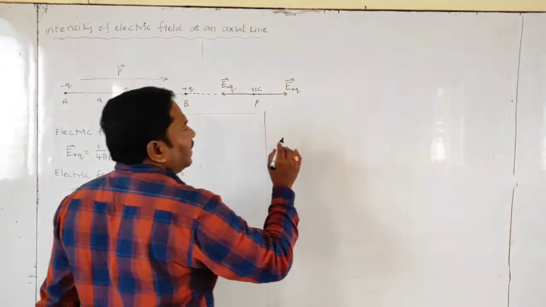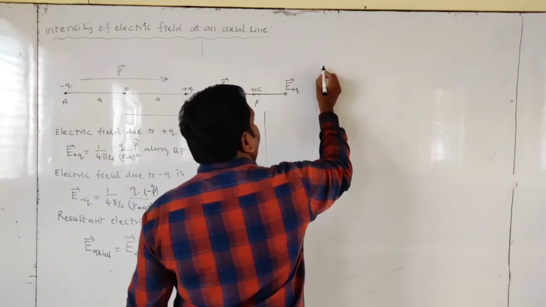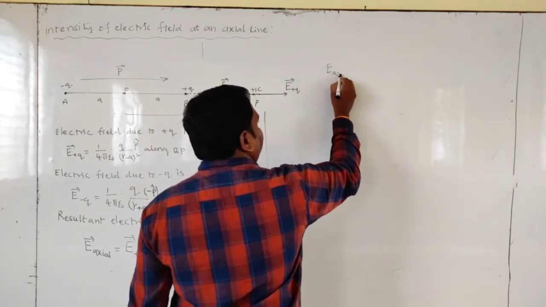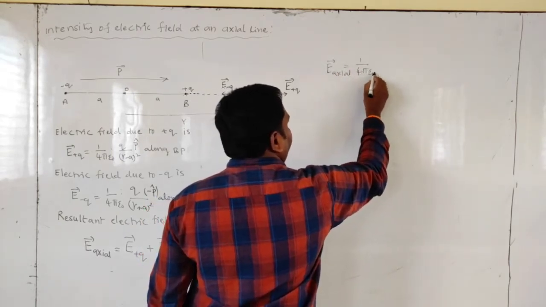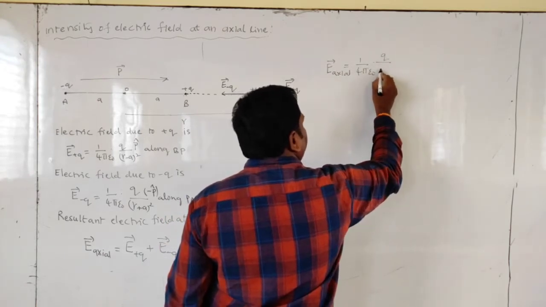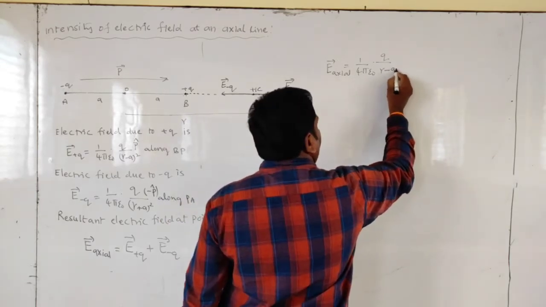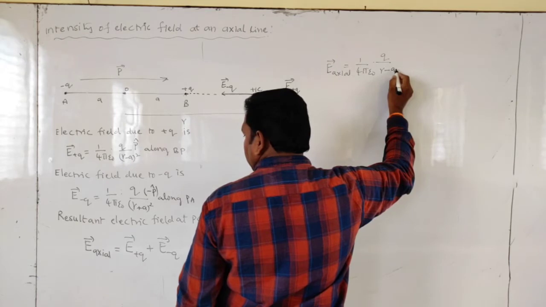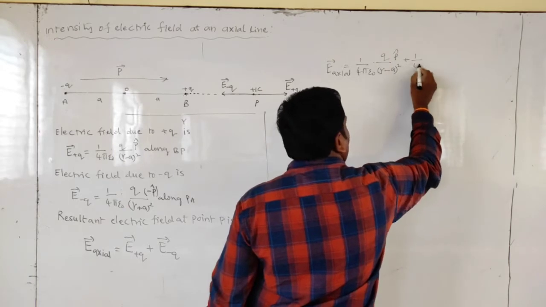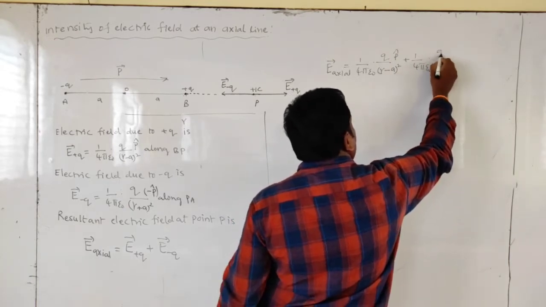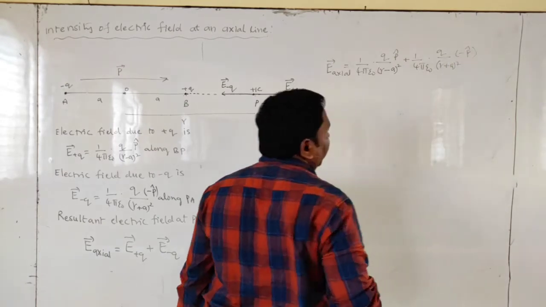So the resultant electric field E axial is equal to 1 by 4 pi epsilon naught q by (r minus a) whole square into p cap, plus 1 by 4 pi epsilon naught q by (r plus a) whole square into minus p cap, which is the direction.